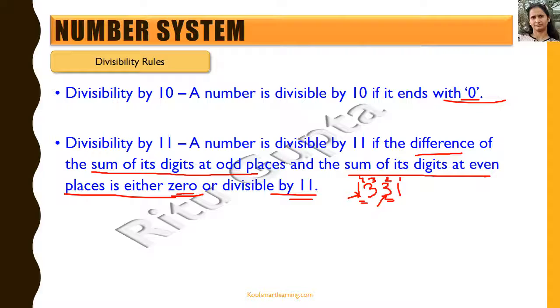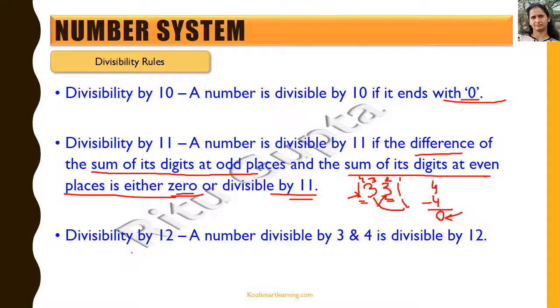If we add these, it becomes 4, and then we add the odd place digits, it again becomes 4, and we subtract. If we get 0, or instead of 0 if we get a multiple of 11, then in both cases the number will be divisible by 11.